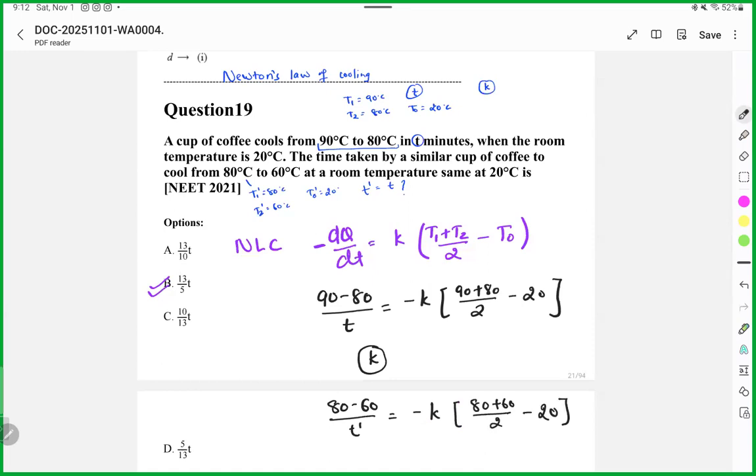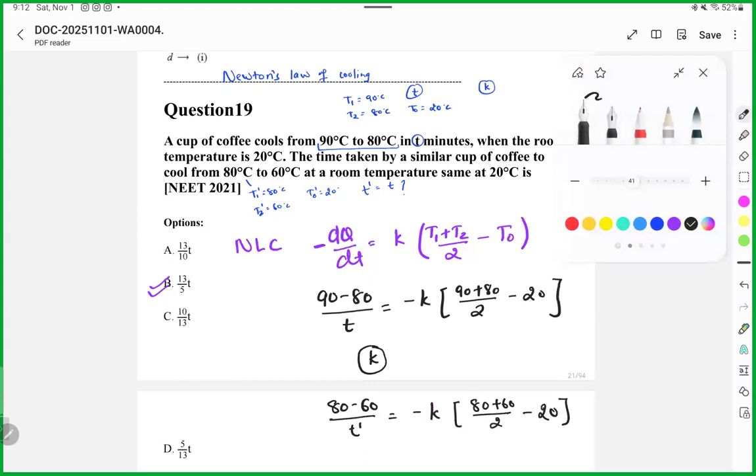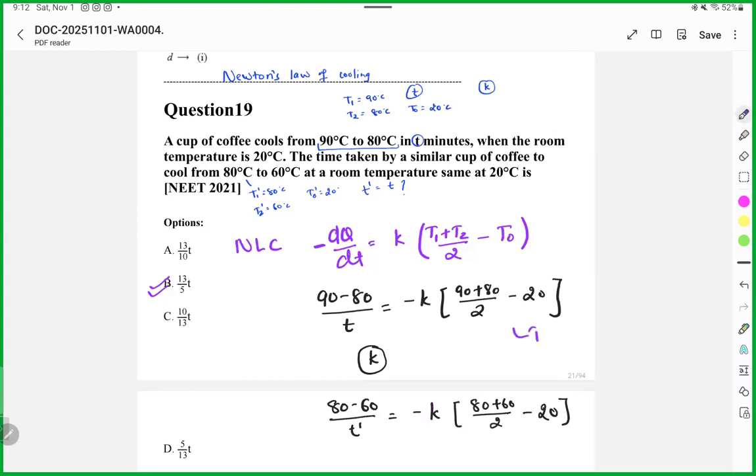Chandana asked me a doubt. Do you have any doubt from equation 1 and equation 2? No sir, no doubt. So this is the formula, and this dQ is not heat, it is the change in temperature. You will put the values of T1, T2, T0.